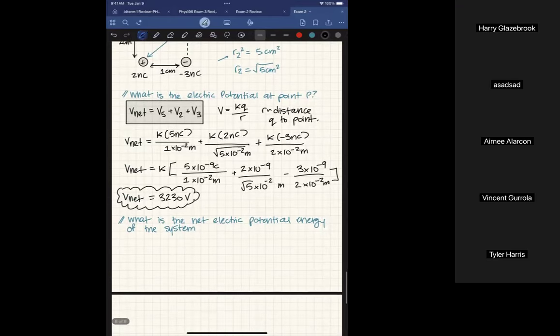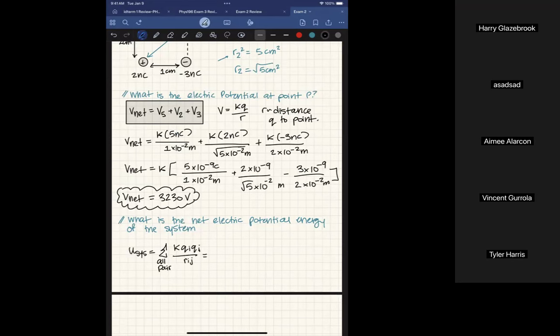Okay. So instead of electric potential, where we define a point of interest and all the particles basically just add at that point, for the electric potential energy of the system, we're going to add up all the pairs for K, Qi, Qj over Rij.